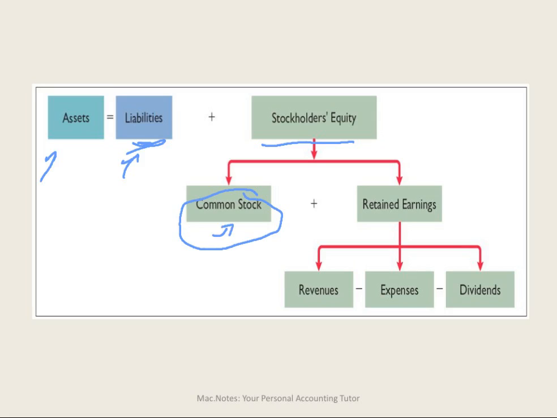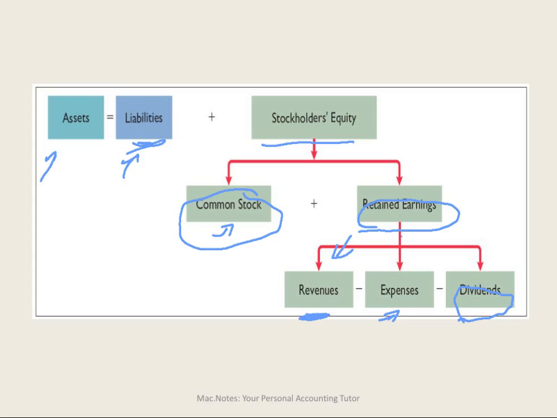Plus, what belongs to shareholders' equity are all the earnings that the business has earned and has retained, actually. Now, this retained earnings is a function of the operations of revenue, the transactions that involve the business earning revenue, minus the transactions that involve the business incurring expenses, and also minus any payment back to the shareholders.